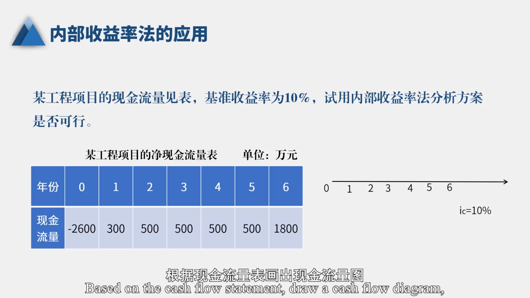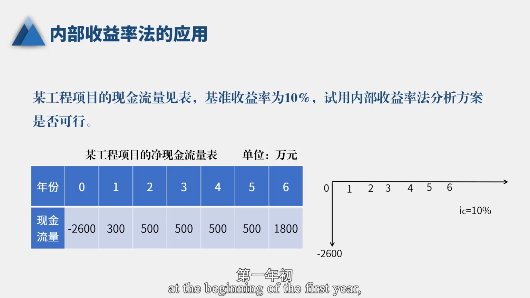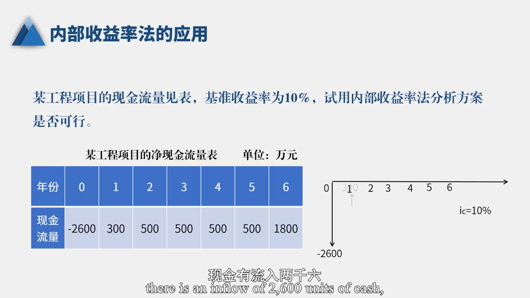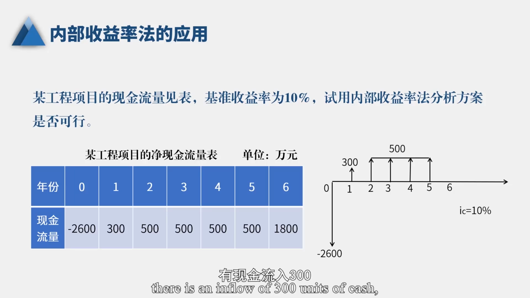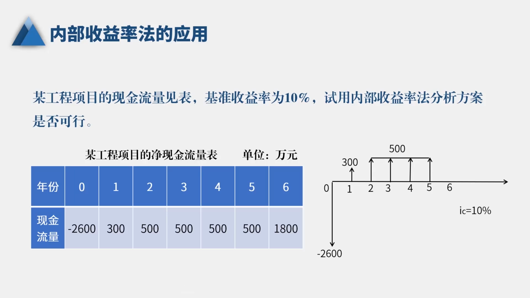Based on the cash flow statement, draw the cash flow diagram. At the beginning of the first year, there is an outflow of 2,600 units of cash, so the arrow points downward. At the beginning of the second year, there is an inflow of 300 units of cash, so the arrow points upward.